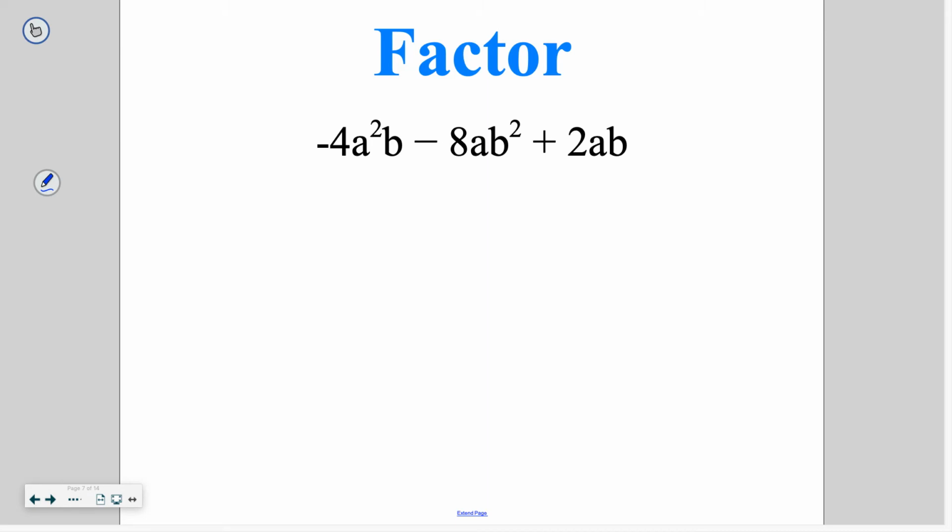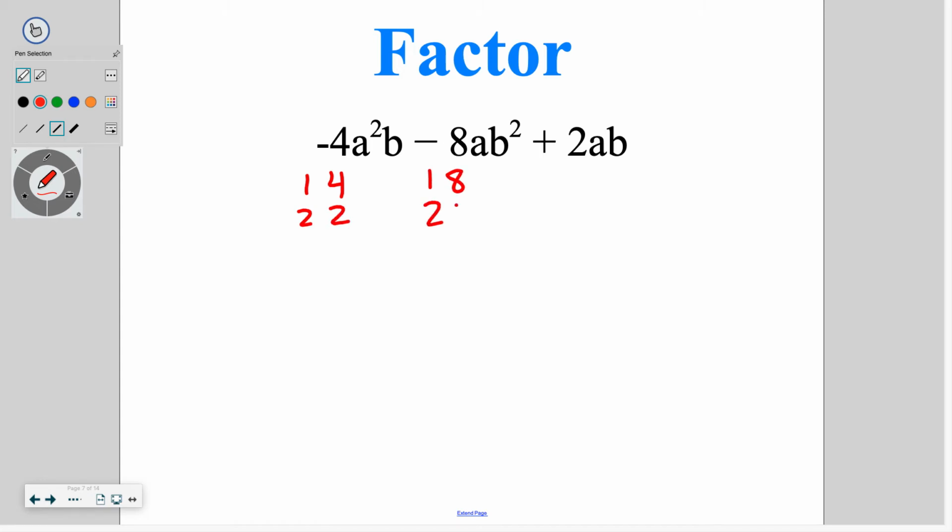If you have something where you have a negative leading coefficient, so that first number is negative, we always want to make sure we pull that out. So when you are finding the GCF, you're going to find the number as you normally would, and then you're going to add a negative to it. So factors of 4: 1 and 4, 2 and 2. 8: 1 and 8, 2 and 4.